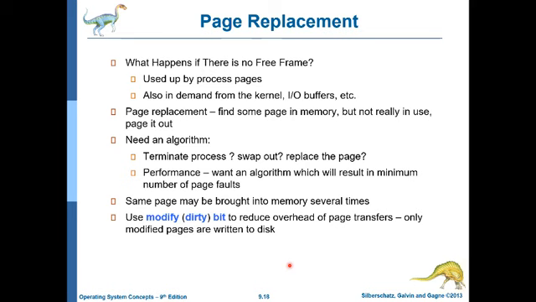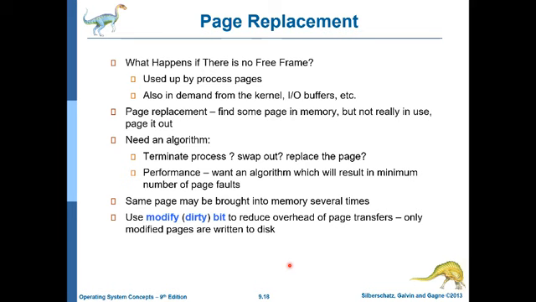It can be because the different processes have already occupied the entire memory, so there is no free frame. Or maybe the kernel or the IO buffers, the operating system components, have occupied the memory. So at the end, we are not left with any free frame.